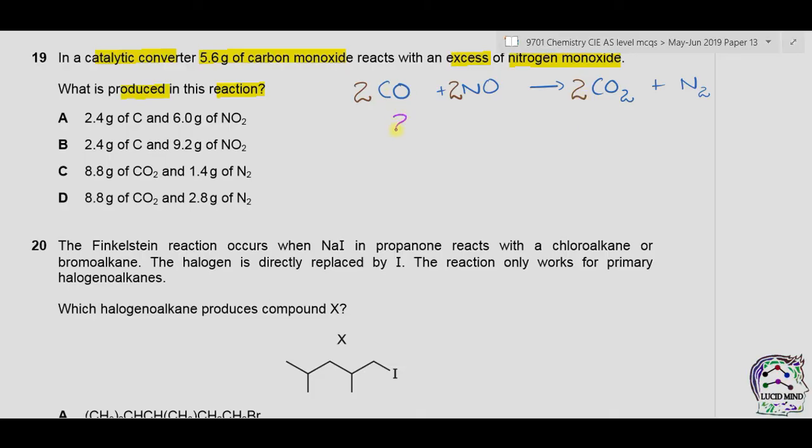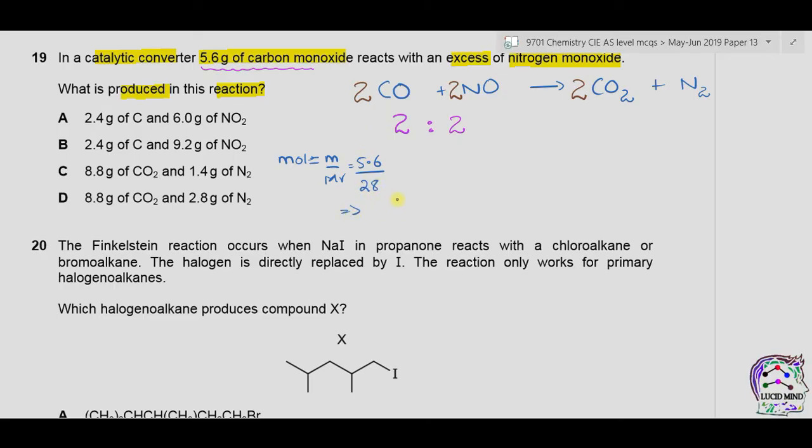As we can see, the ratio of moles of carbon monoxide and nitrogen monoxide is exactly the same. Let's find the number of moles present in 5.6 grams of carbon monoxide, as moles is equal to mass divided by molecular mass. Mass is 5.6 grams and MR of carbon monoxide is 16 plus 12, which is 28.